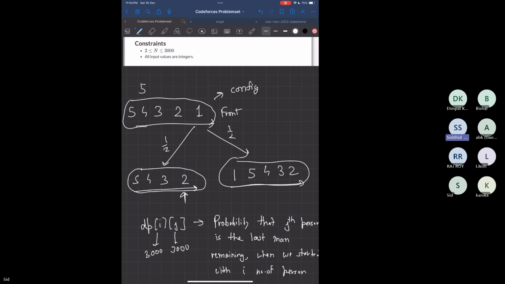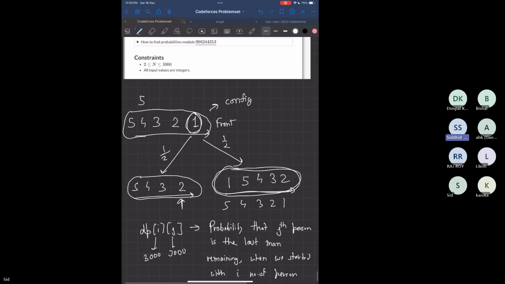Let's consider that we are solving for the one who is at the front, because he will be the one to move. If he is in the first position and I remove him, there is zero probability that he will be the last man remaining because we already removed him, right? And if we move him to the back, this configuration is a new configuration, but it is equivalent to our beginning configuration, 5, 4, 3, 2, 1.